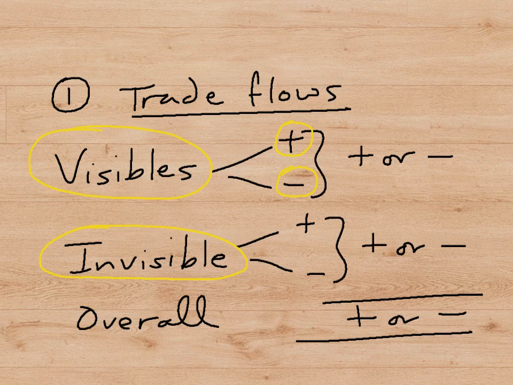And overall, the sign of visible trade can be plus or minus, depending on whether imports or exports are greater. The same applies to invisible trade, and the overall trade flow can again be plus or minus, depending on whether the overall exports are bigger or smaller than the overall imports.